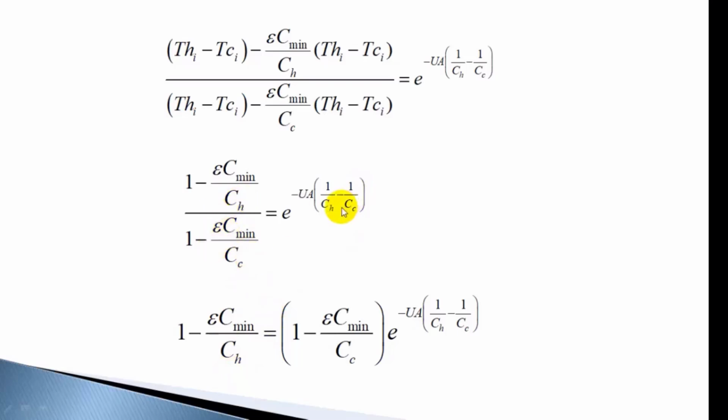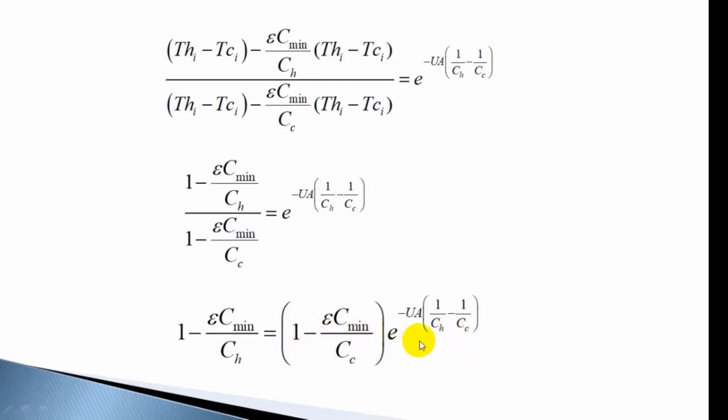Now you can cross multiply this. 1 minus effectiveness into C minimum by Ch is equal to this denominator into this, so 1 minus effectiveness into C minimum by Cc into e raised to minus UA into 1 by Ch minus 1 by Cc. Then I'll expand this.